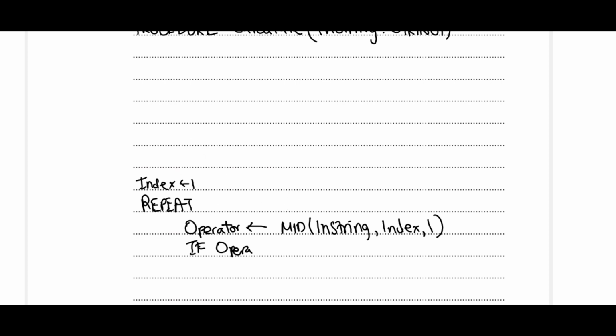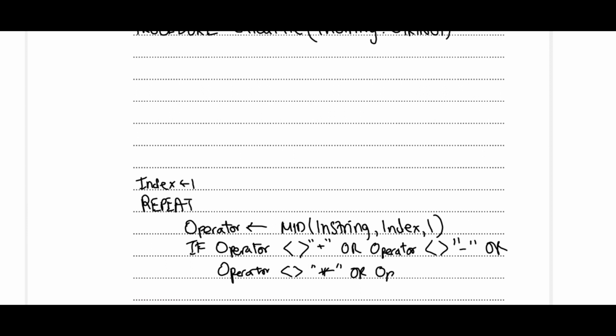So if operator is not equal to a plus, or operator is not equal to a minus, or operator is not an asterisk, or operator is not a division, a slash. Then, okay, this is a pretty big line.